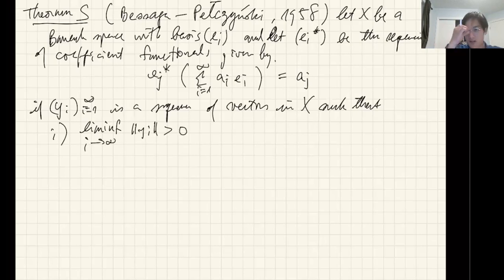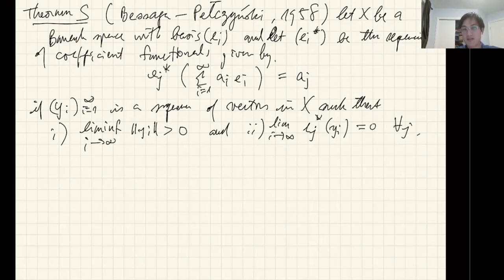So it doesn't go to 0, it doesn't have a subsequence going to 0. And on the other hand, it's 0 as far as the e_j's are concerned. So e_j star of y_i equals 0 for all j. So every functional thinks that this y_i is 0, because when we apply the functional to the y_i's, you get 0. It's weakly null, but just with respect to the coefficient functionals, which I'm not sure makes it weakly null or not. But anyway, it doesn't matter because our sequence is going to be weakly null later.